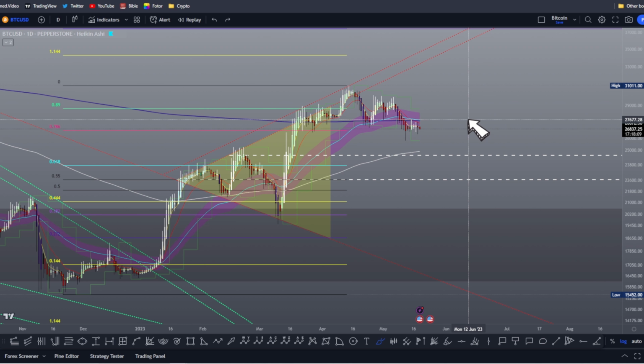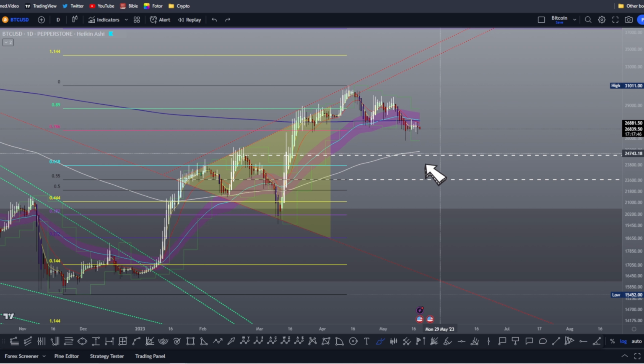But as I was saying, I don't believe whether or not we continue to go lower or continue to go sideways for a little bit longer within the local low range we've set so far, going back to May 12th, I don't think it will last any longer than going past, like I said, June, so next month.